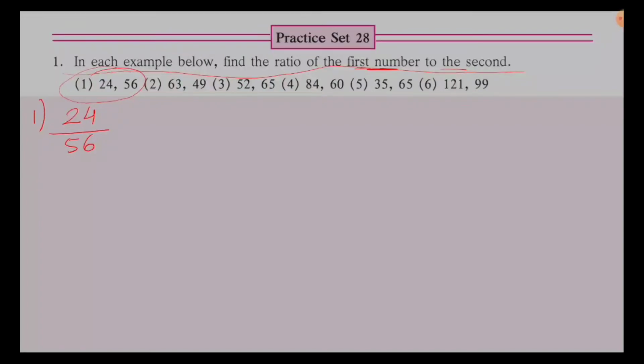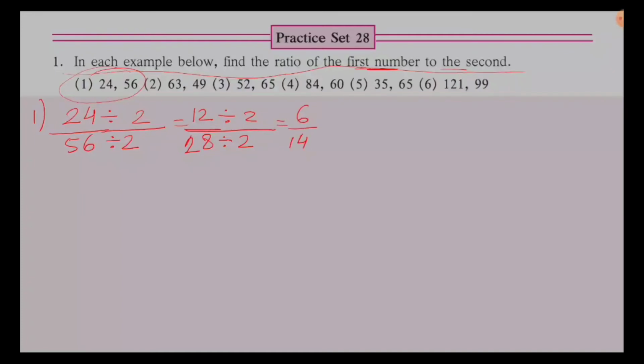If you start with 2, suppose you divide both the numbers by 2, 24 by 2 gives 12, and 56 by 2 gives 28. Now you can see that both 12 and 28 are divisible by 2, so divide again by 2, and the answer will be 6 upon 14.